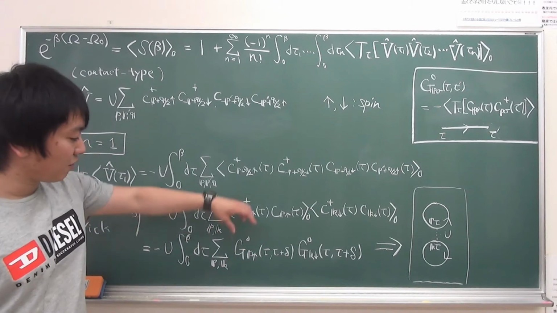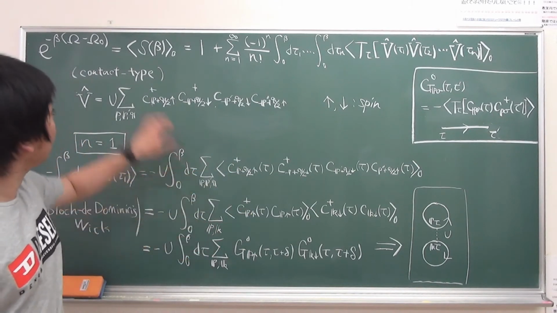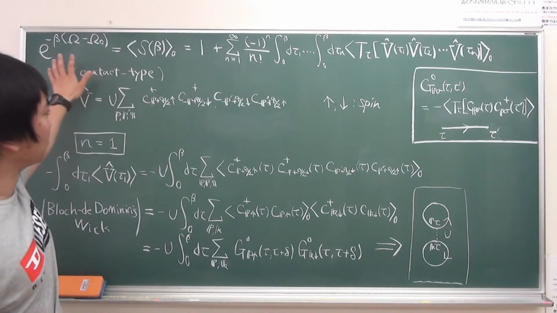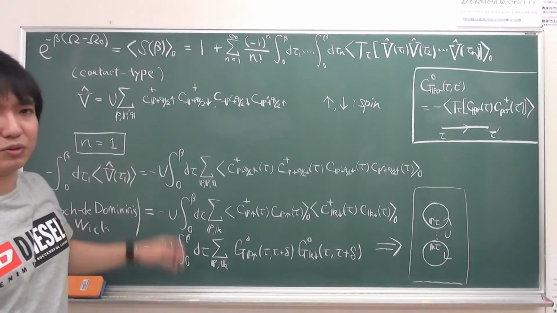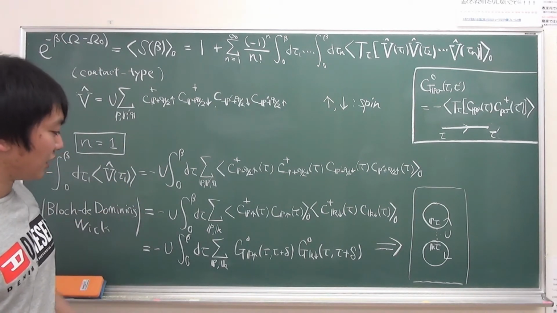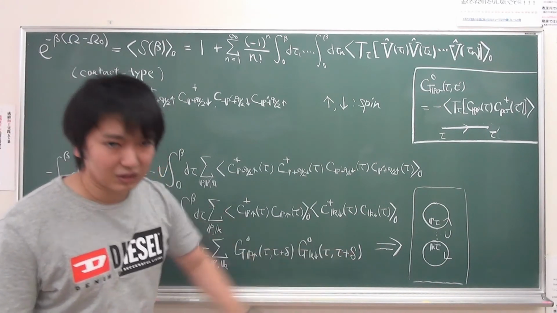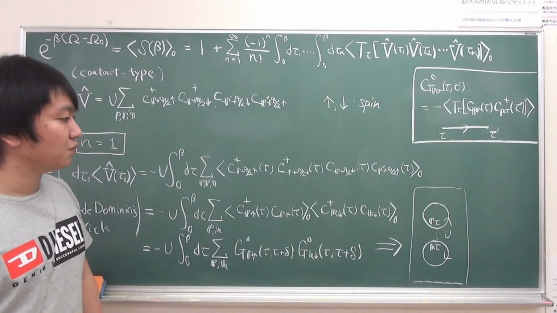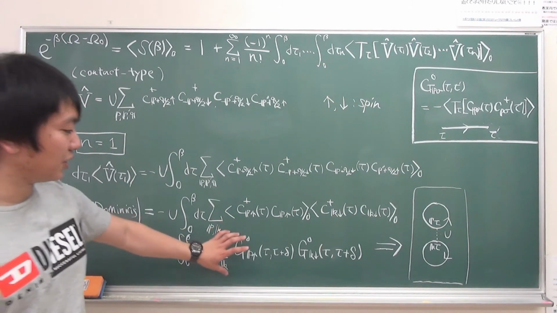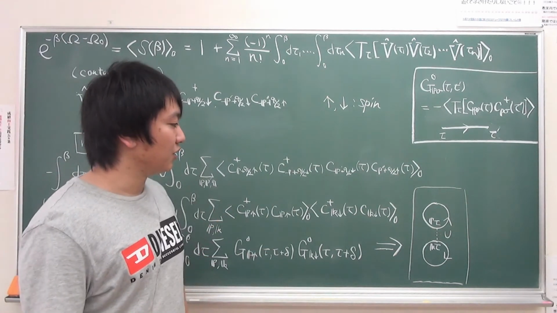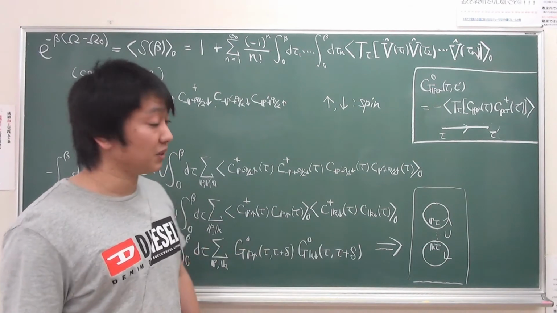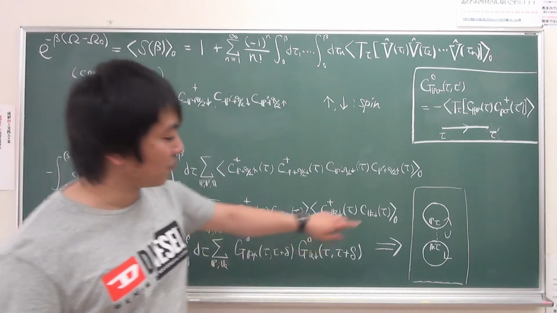Anyway, we can rewrite this kind of interaction correction to the thermodynamic potential using Green's function like this. Usually such a correction is written in terms of Feynman diagrams. So in this simplest case, it can be written like this.